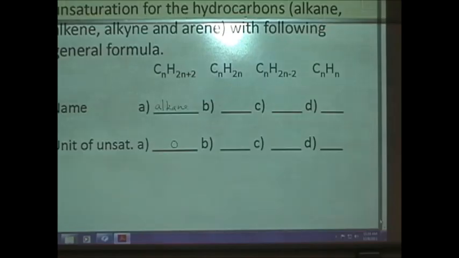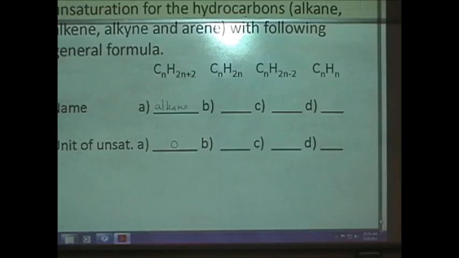It could be, since this says unsaturated hydrocarbons, we didn't give a choice here. This could have been either alkene or cycloalkane also, right? But in this case, we didn't ask that as an option.